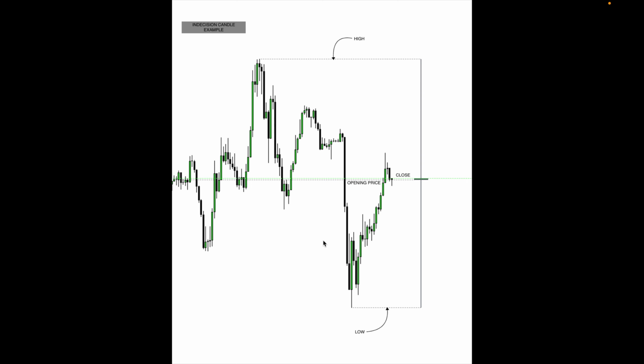And finally, getting to the end part of the video, I'm going to show you an indecision candle example. So on the right hand side we have the daily candle here, this ugly candle. So we have a long wick here, another long wick here, and then we got the opening price and then the closing price.